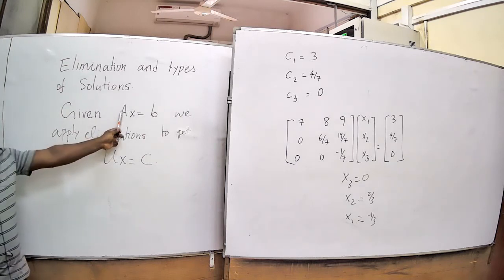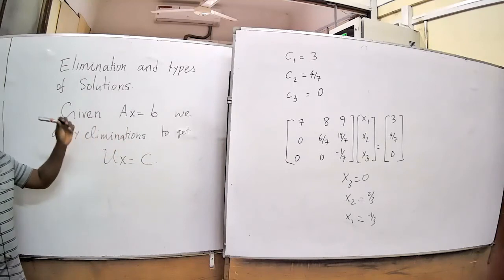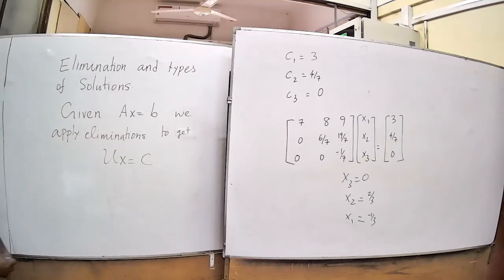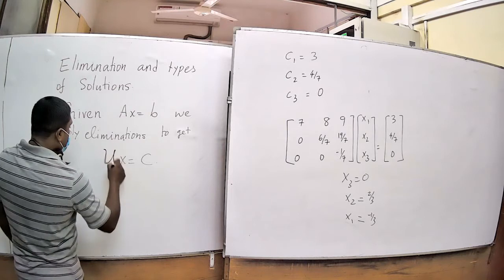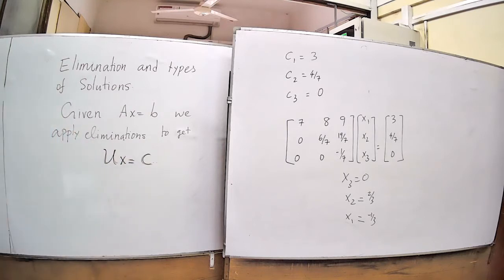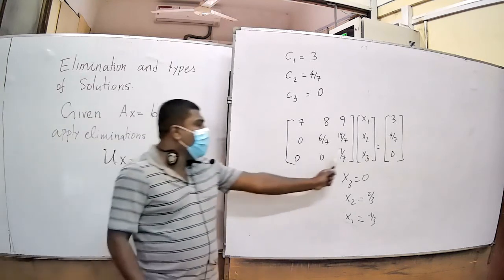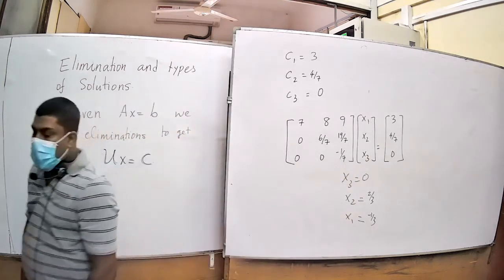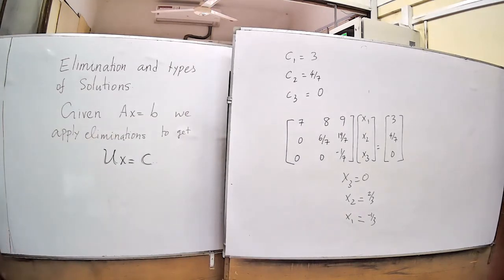So we convert this system Ax equal to B into a new system Ux is equal to C, right? So in this case, you know that there are three types of solutions. So how this system looks like will tell you what type of solution you are going to have from the system, right?